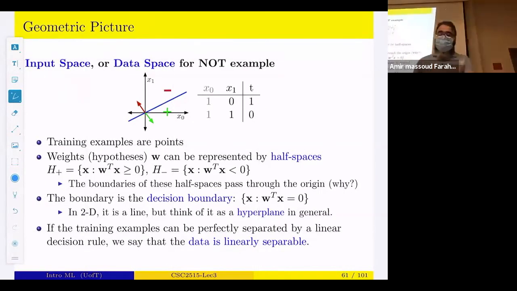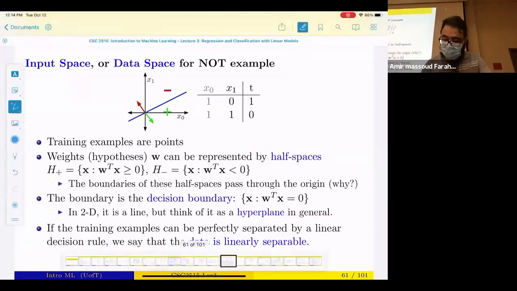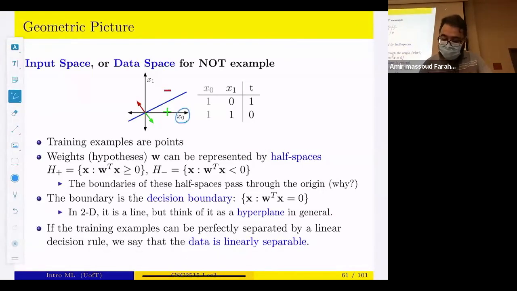Okay, so here we can also look at these things in the input space, or data space, for the NOT example instead of algebraically. What we're visualizing is a diagram with axes x0 and x1. I put positive and negative examples on this figure, using plus and minus to indicate whether something is positive or not.